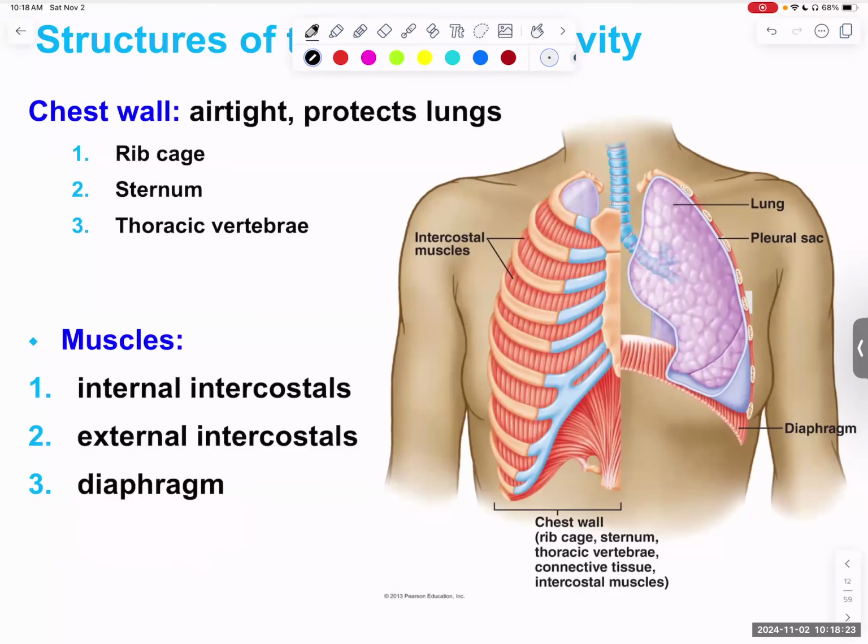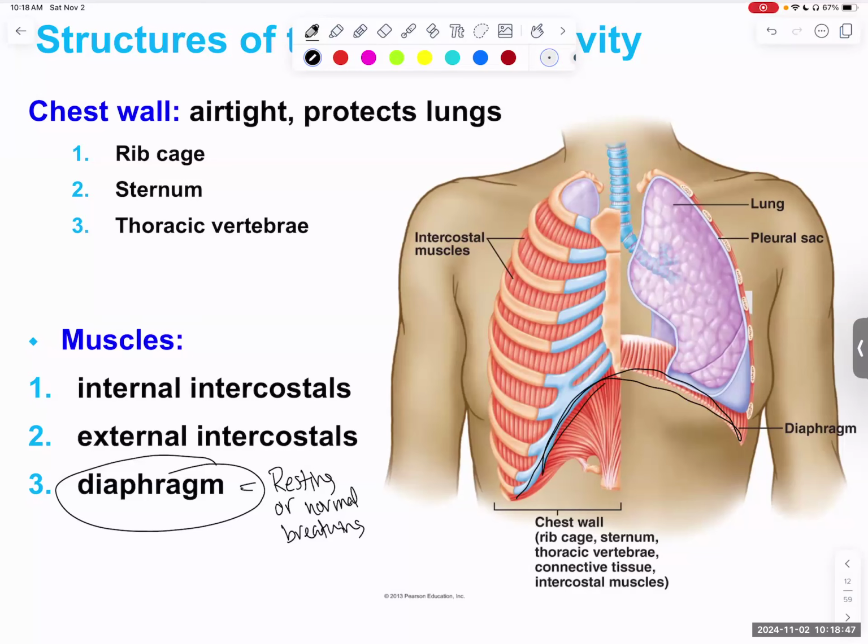All right, mechanics of breathing. We need to use our muscles to breathe. Now, for just what we call resting or normal breathing, non-active breathing, we really only need to use our diaphragm. Our diaphragm is this dome-like muscle here. You can see the diaphragm.